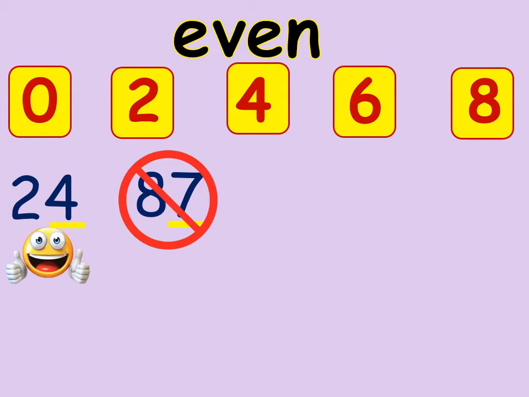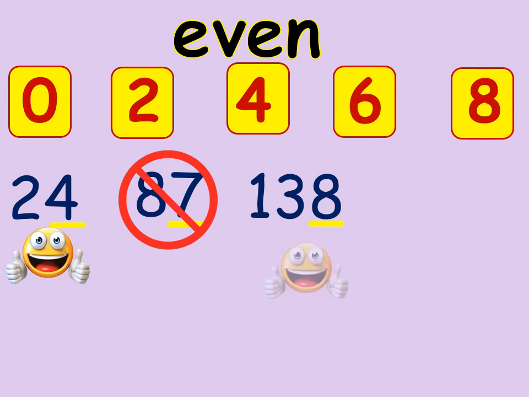Let's look at some more big numbers here. 138. Oh my gosh, we have to have a pretty big number line if we want to skip count. That would take a long time. All we have to do is look at the last digit. 8. Is 8 even? Sure is. You're right.